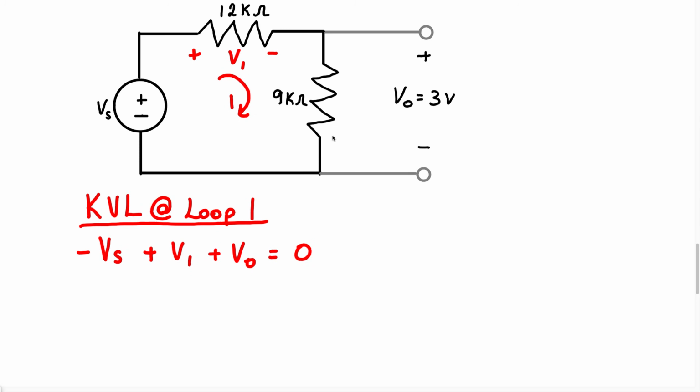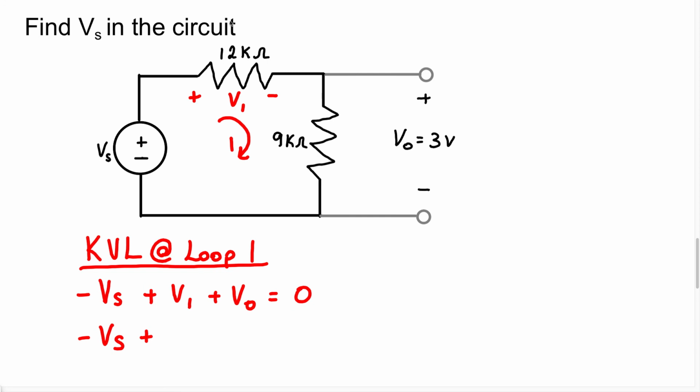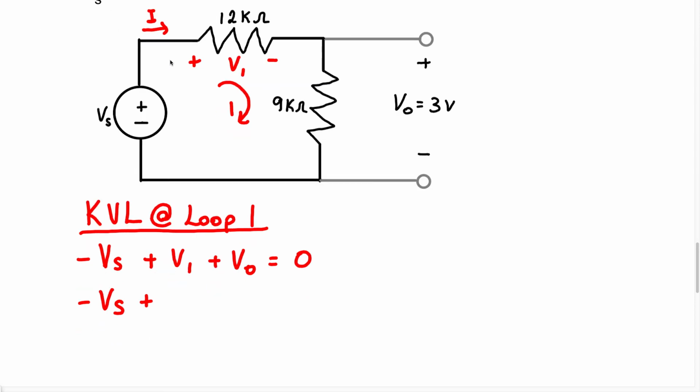I'm going to have minus Vs plus, now notice we have a situation where we don't know the voltage across this resistor, but we know the resistance. Therefore, I'm just going to draw in a current to go this way, and I'm going to label that current I. And instead of writing V1, I'm going to write it as a relationship between the current and the resistance, which is going to be 12,000 I. So we have plus 12,000 I plus, we also have a voltage across this resistor.